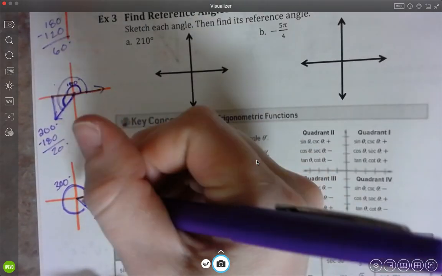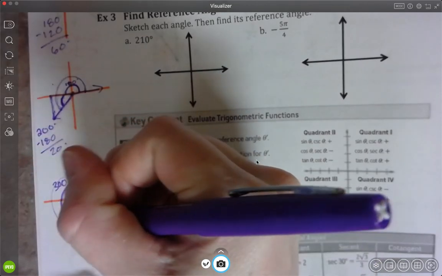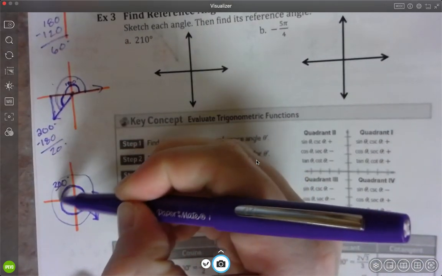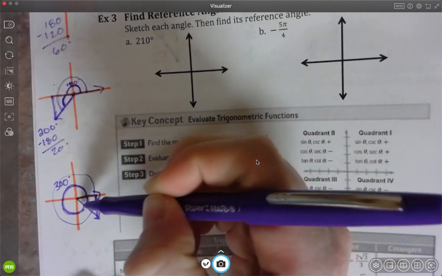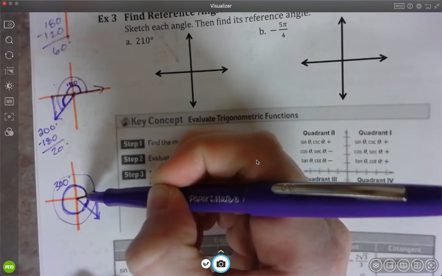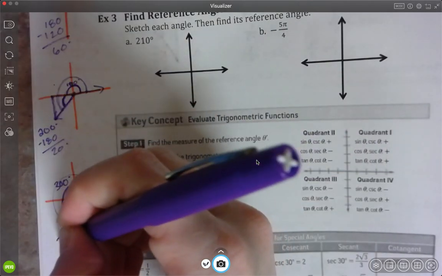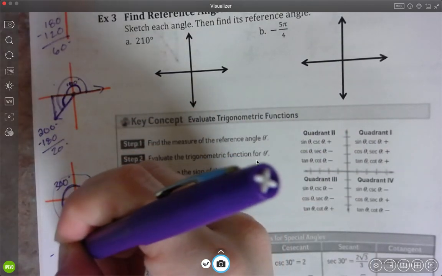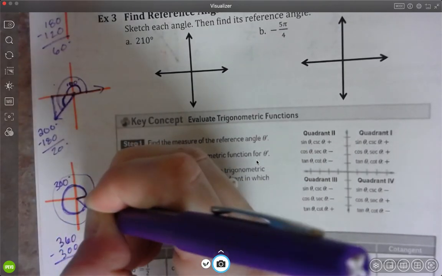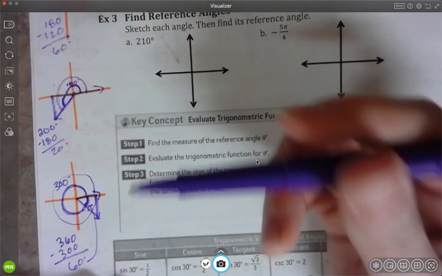The full circle would be 360, but I'm only going 300 degrees from here to here. So think about what this angle would have to be to get me the rest of the way to 360. It would be like taking 360 and subtracting 300, which gives me a 60 degree reference angle. So this angle right here is 60 degrees.